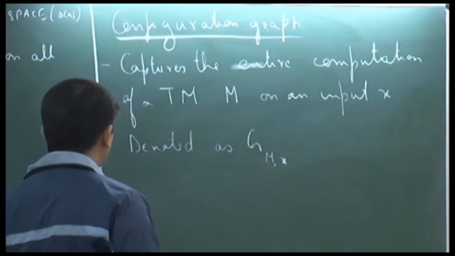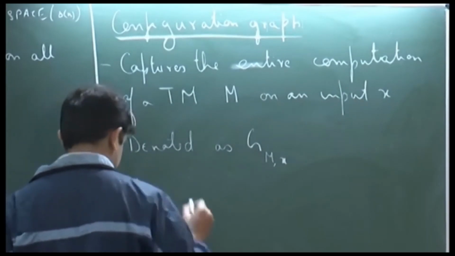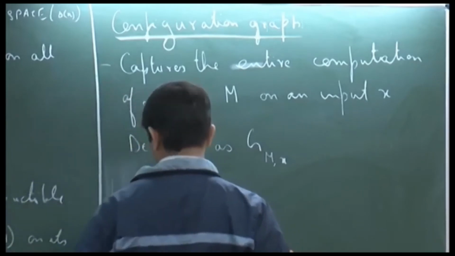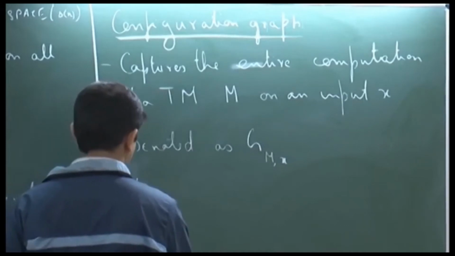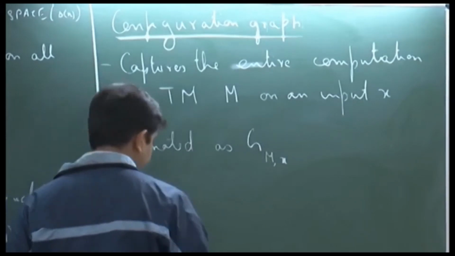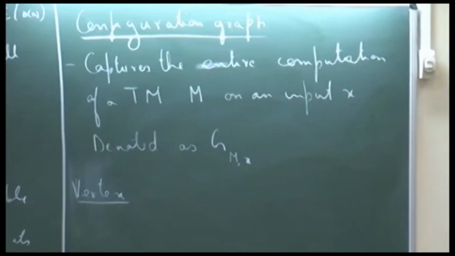So, let us define what the configuration graph is. The vertex set of this graph is the set of all possible configurations of the machine.